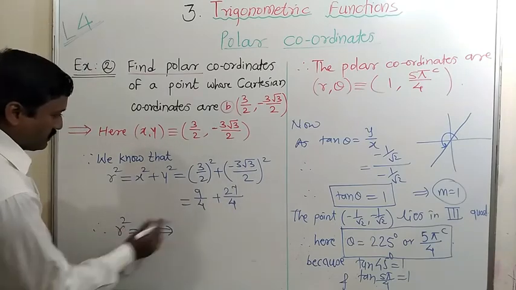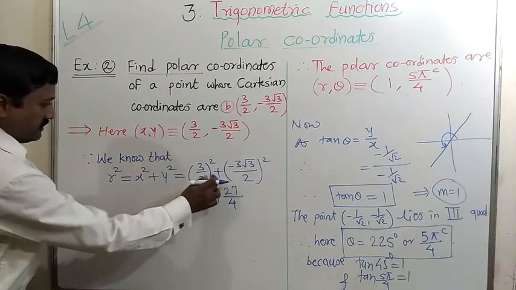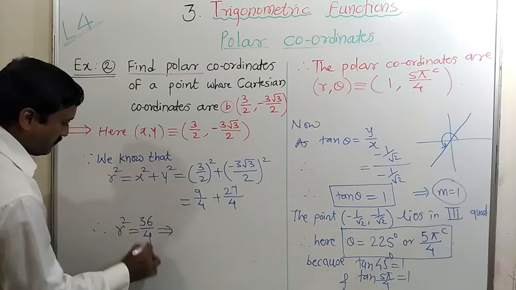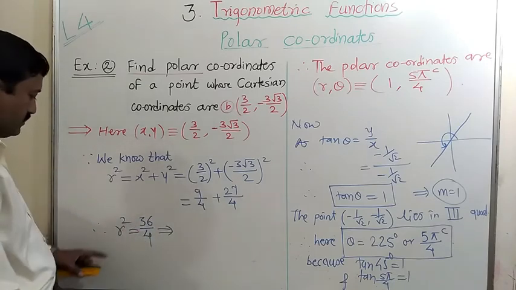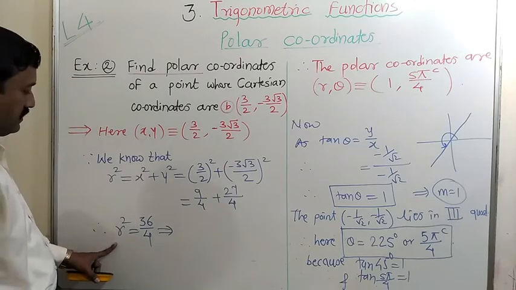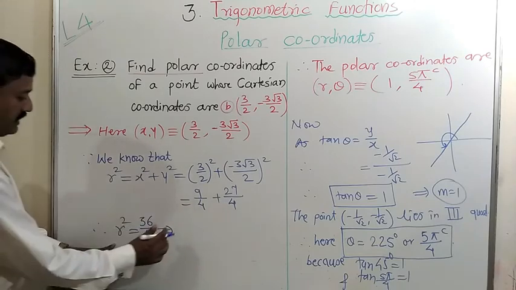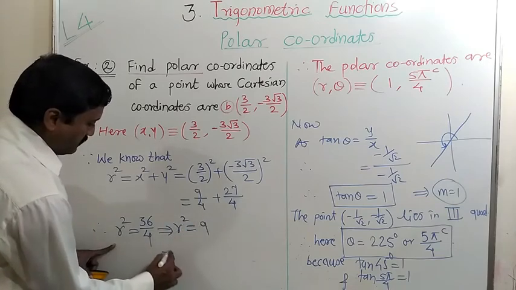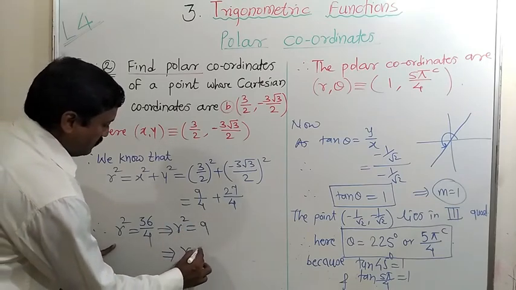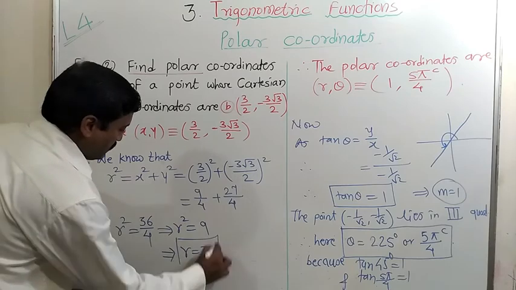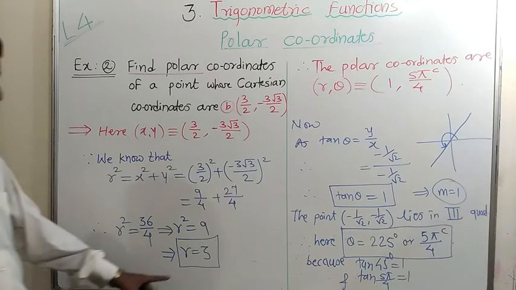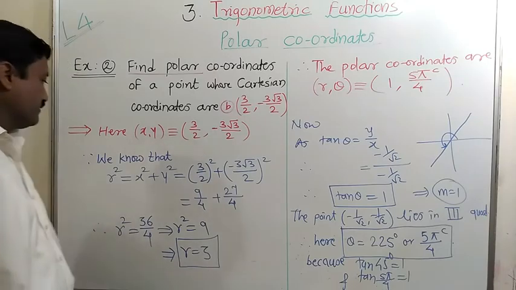Denominator is same, so r square equals 9 plus 27, that is 36 by 4. So r square is equal to 9, which implies r equals 3. So this is our first polar coordinate. Here the value of r is 3.